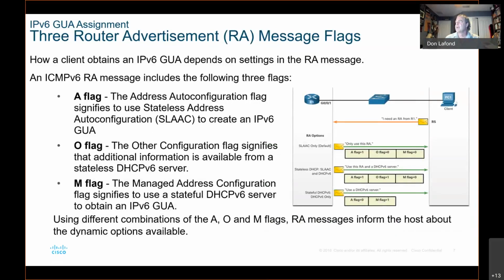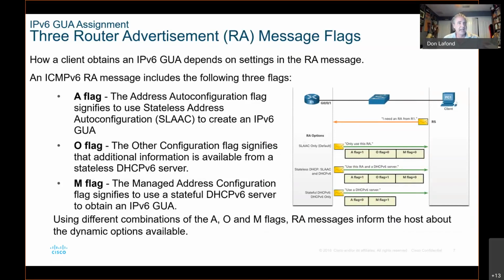So here we are. There are 3 router advertisement flags. How a client obtains an IPv6 global unicast address depends on the settings in the router advertisement message. An ICMPv6 router advertisement message includes the following 3 flags.